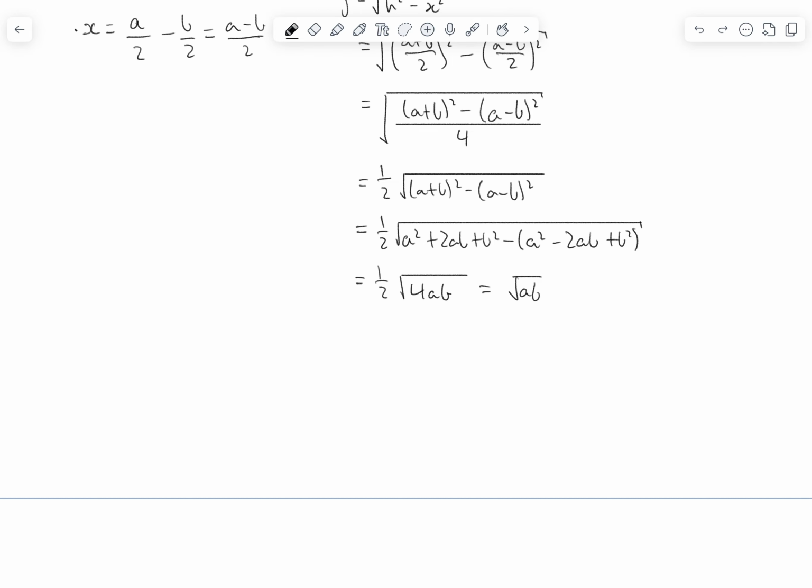Note that triangle, the way we've drawn it up, it's right angled.